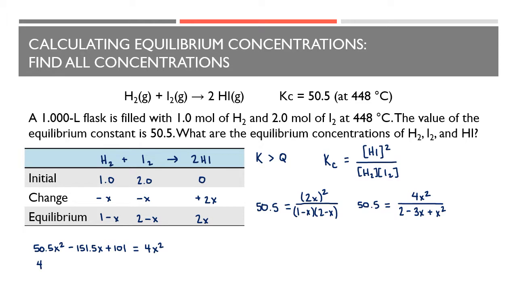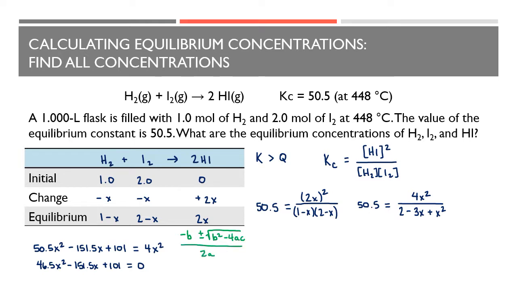I'm going to subtract 4x squared from both sides, and that gives me 46.5x squared minus 151.5x plus 101 equals 0. I think you may know where we're going with this, but unfortunately we have to use the quadratic formula to solve for this problem, to find our x values.